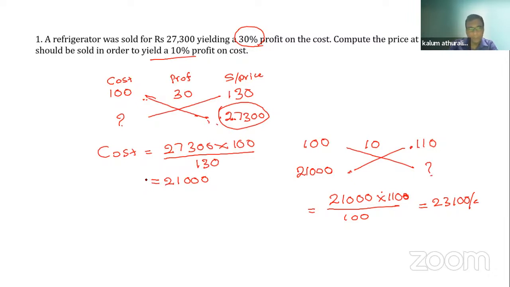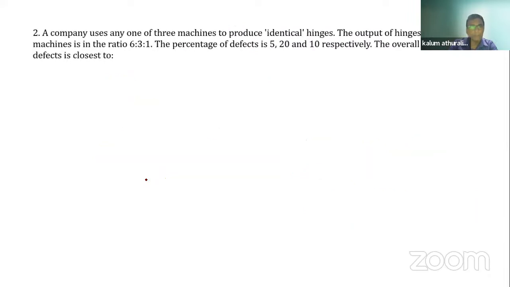Right. Next one is: a company uses any one of 3 machines to produce identical hinges. The output of hinges from the 3 machines is in the ratio 6:3:1.